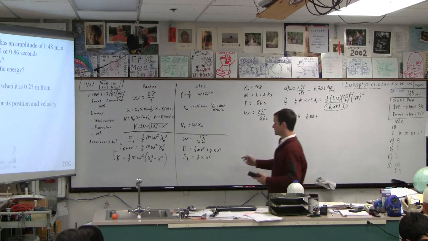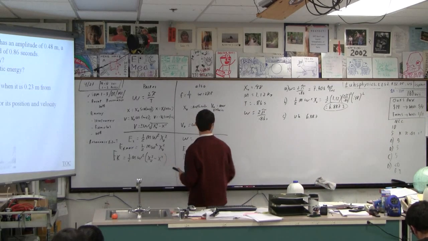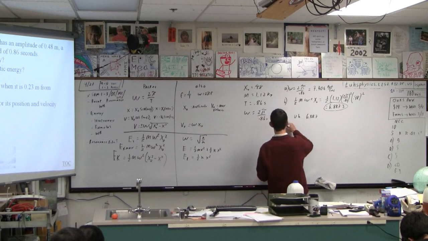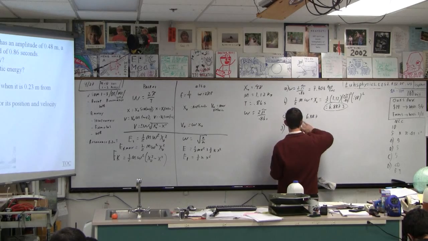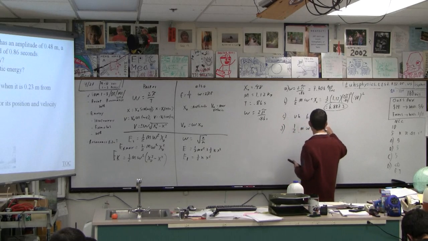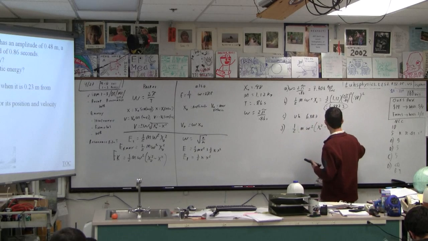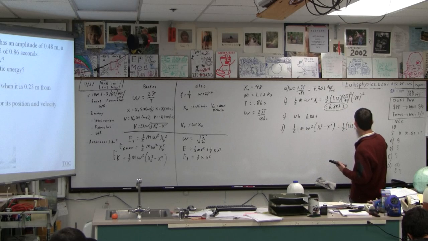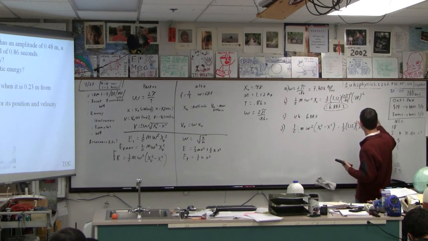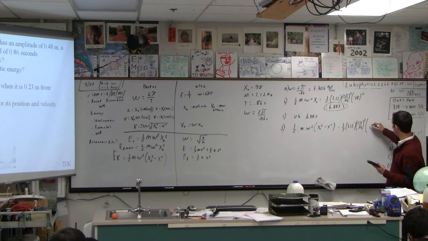Well, now we can use this guy here, right? Okay. So for part D, I'm going to use one-half m omega squared times x naught squared minus x squared, right? So that's one-half times 1.12 times 2 pi over 0.86, squared, and then it's 0.48 squared minus, is it 0.23 is where we are?